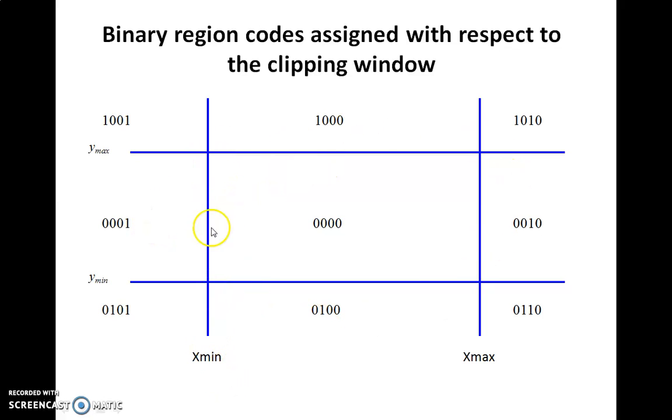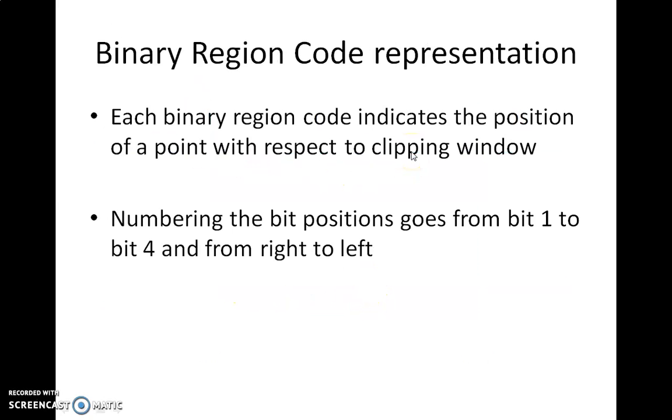We have this window boundary as x minimum, this as x maximum, this as y minimum and this as y maximum. Now the binary region code representation. Each binary region code indicates the position of the point with respect to the clipping window, and the bit numbers start from bit 1 to 4 from right to left.